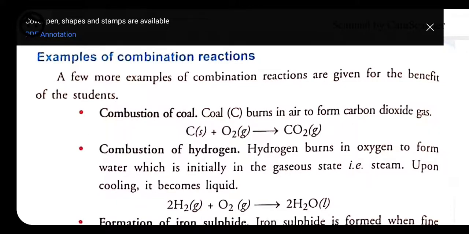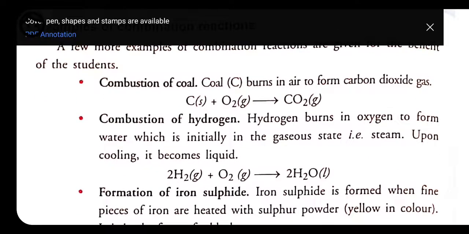Hydrogen burns in oxygen to form water, which is initially in the gaseous state, that is steam, and on cooling it becomes liquid. Here we have hydrogen gas and oxygen gas, and on combining these two we get the water molecule, in liquid form. So this is also a combination reaction, because two substances combine with one another to form one product.